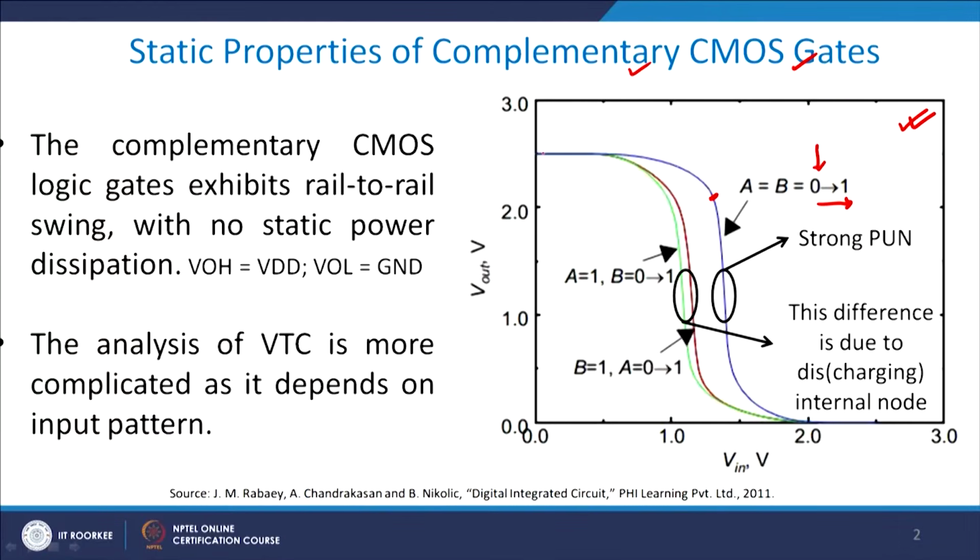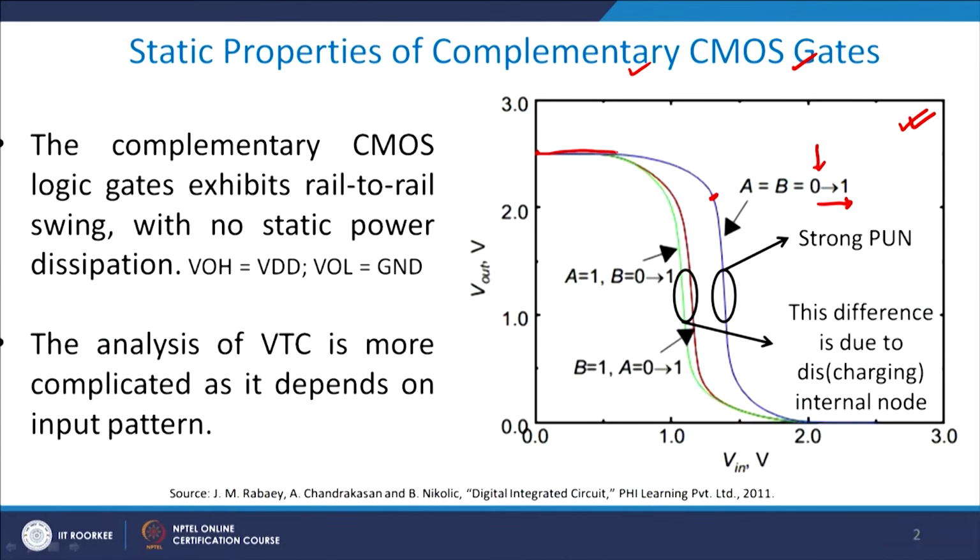When both were 0, my pull up network was very strong, and when the pull up was strong, the output will be strongly connected to VDD, and therefore for a larger range of input voltage you will have a high value of VDD. So you see the VDD extending up to almost this point.